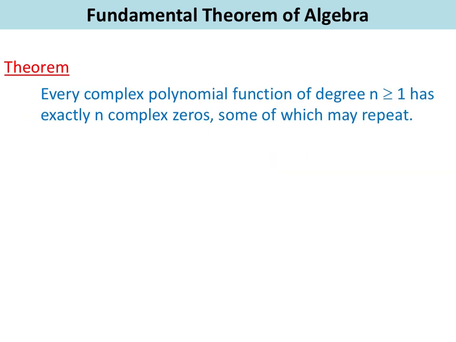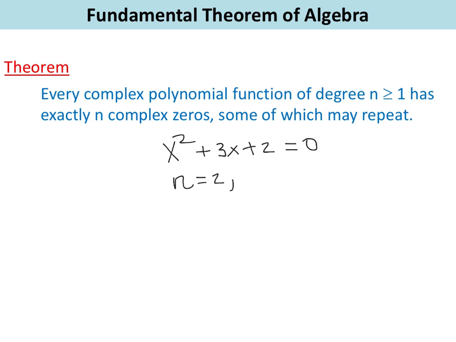Okay, so what does this mean? Let me give some examples to illustrate this. If I have x squared plus 3x plus 2, this equation has a degree of 2, so n is equal to 2.